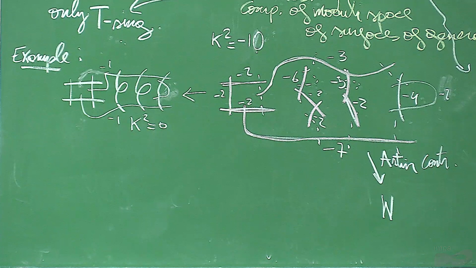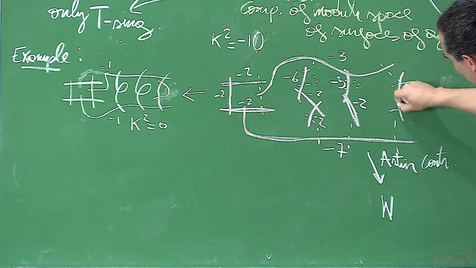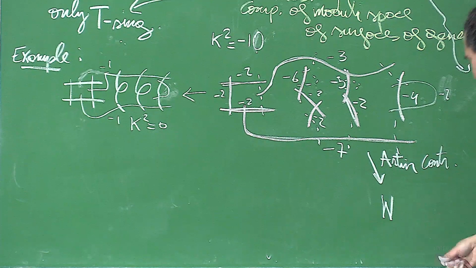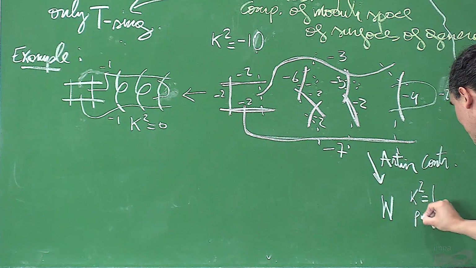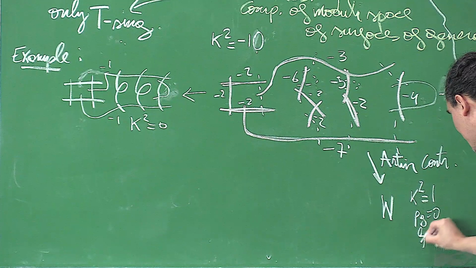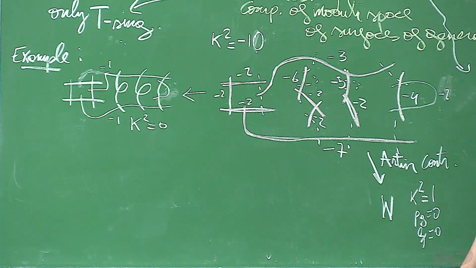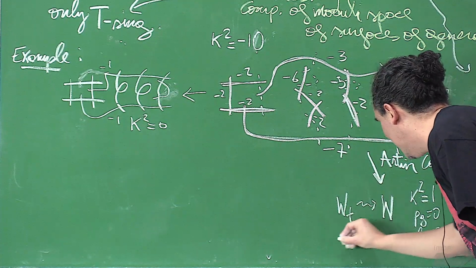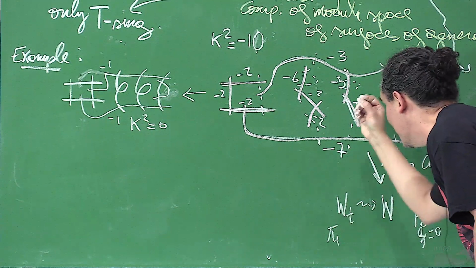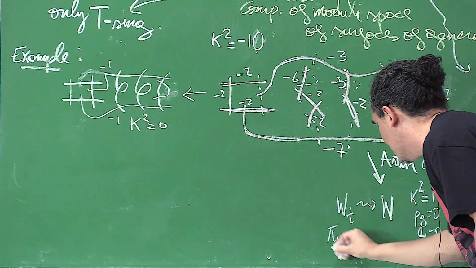Yeah, minus 4. Let me color that minus 4. Then you contract, and this W has K squared equals 1. PG is 0. Q is 0. And actually, if you compute this obstruction, as I told you some days ago, then this W would be a simply connected Godeaux surface.